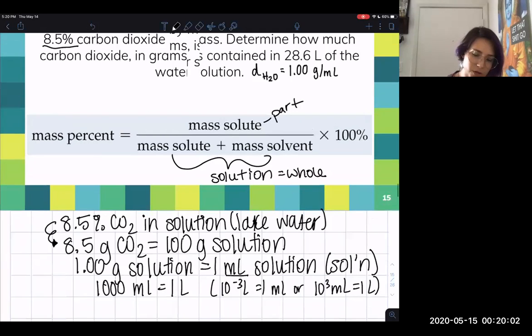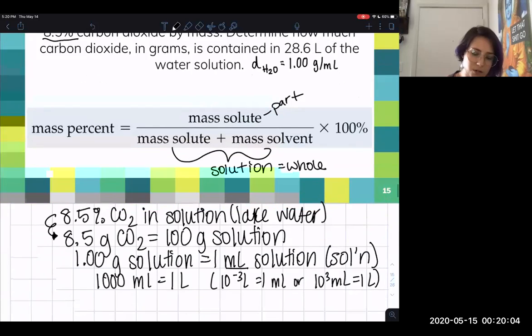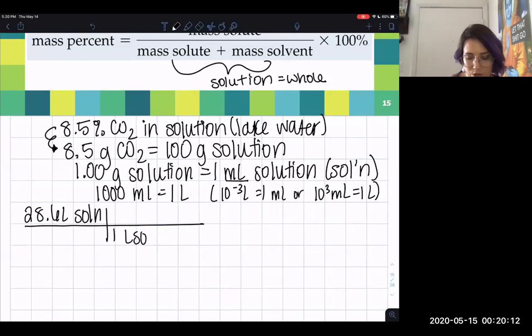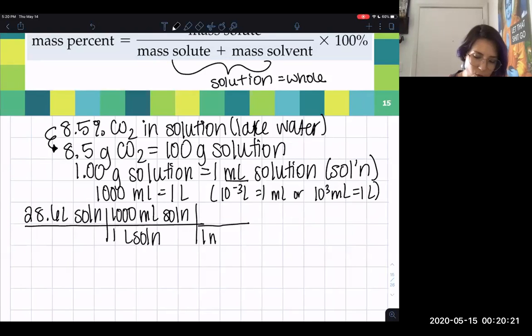So if we start with 28.6 liters of solution, for every 1 liter of solution, I have 1,000 milliliters of solution. For every 1 milliliter of solution, I have 1 gram of solution.